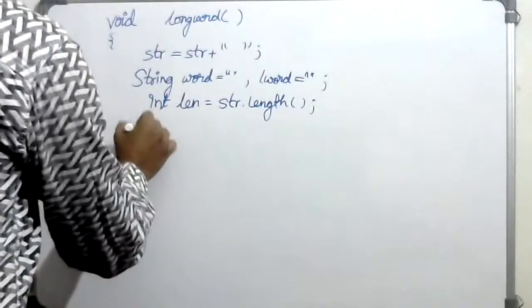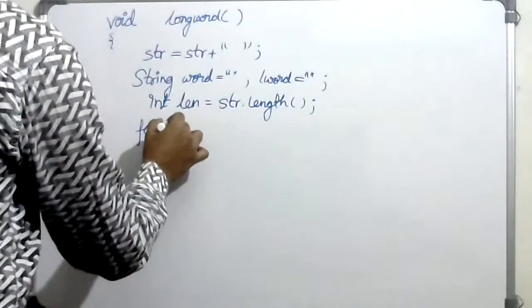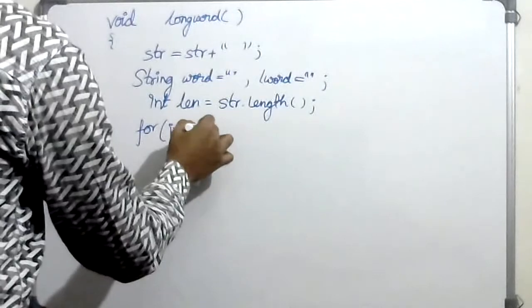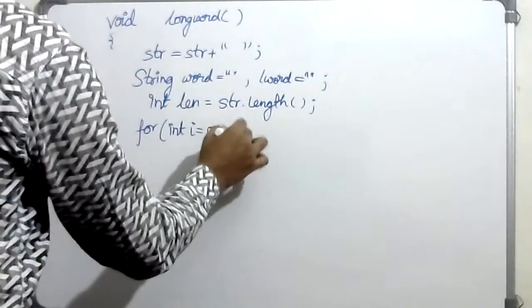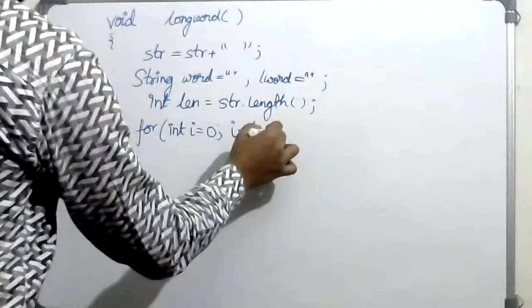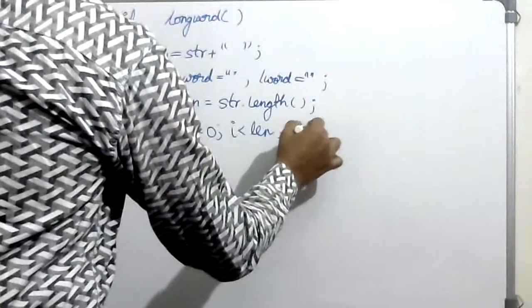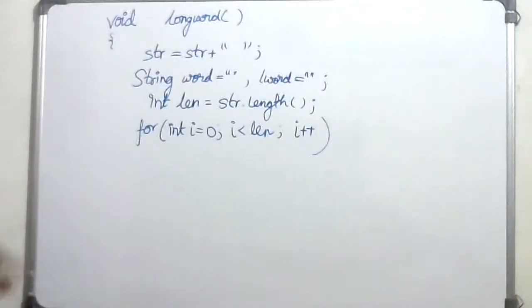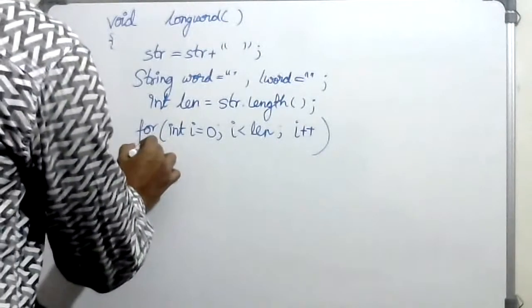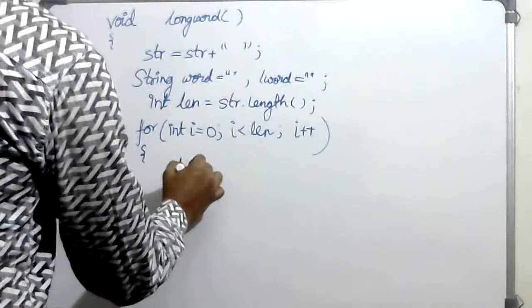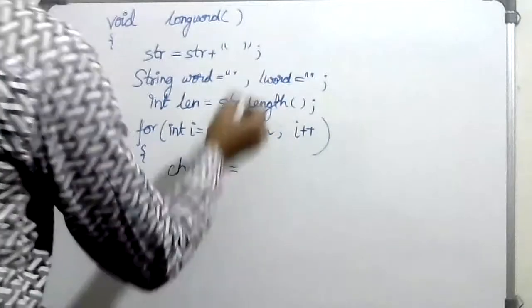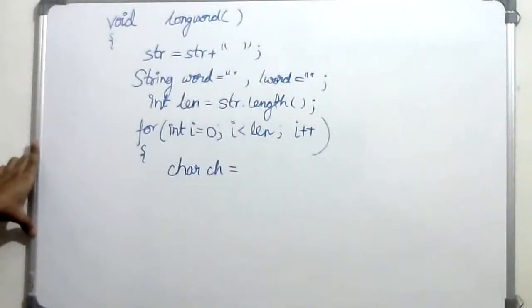Now we'll start our loop. We'll use a for loop. Int i starting from the 0th index. i will run up till less than len, and i plus plus. Standard for loop syntax. Inside the for loop, we'll extract characters, because there is no function which we can use directly to extract words.